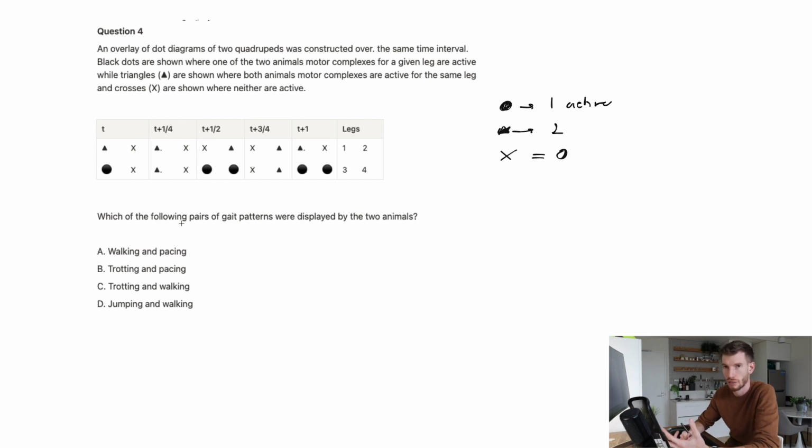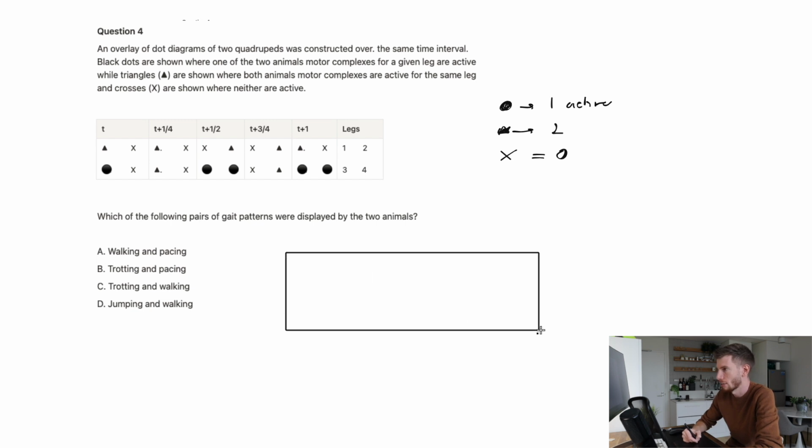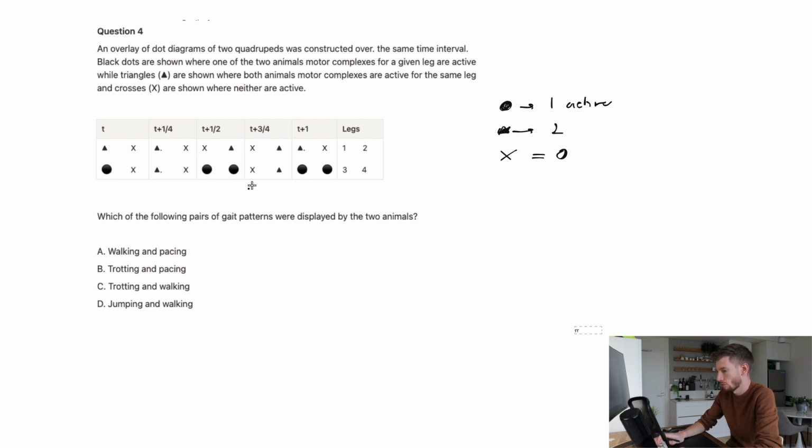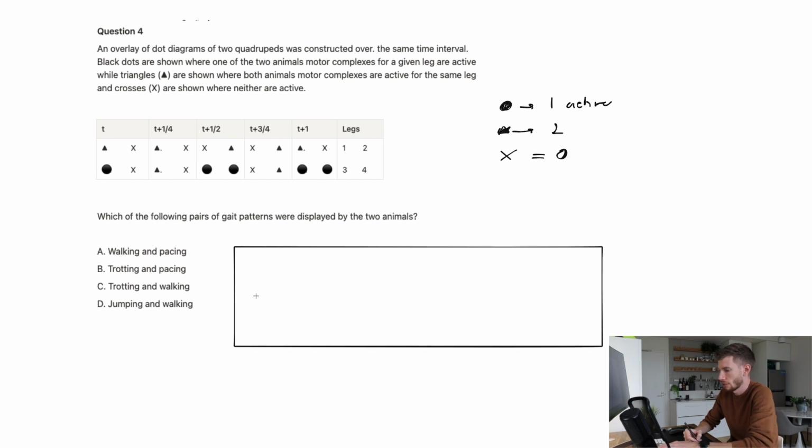So effectively what we have to do here is we have to disconnect the data back into 2 separate gait patterns. So the way that I would do this is you can kind of decode it by drawing out the 2. So if we just create like a little table like this, I might actually make that a bit bigger. So let's say we go like this.